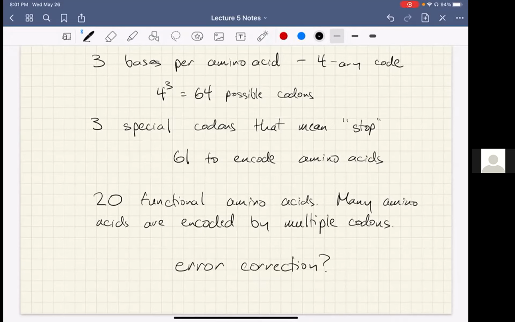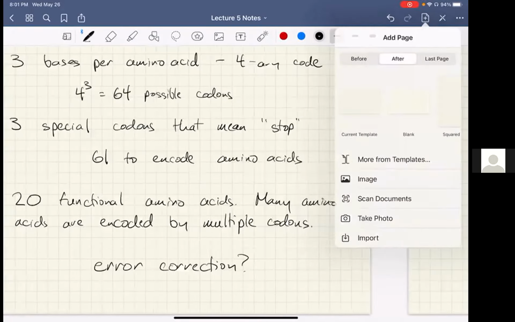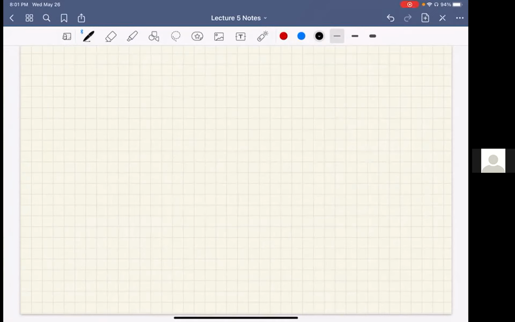My last point here is that, okay, you might think, gee, we basically now have the source code for life. We can take DNA and figure out exactly what protein has been produced, and so therefore why isn't biology completely solved?